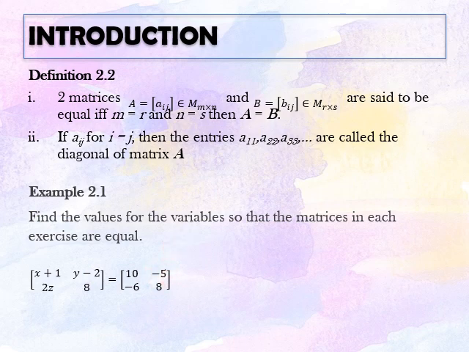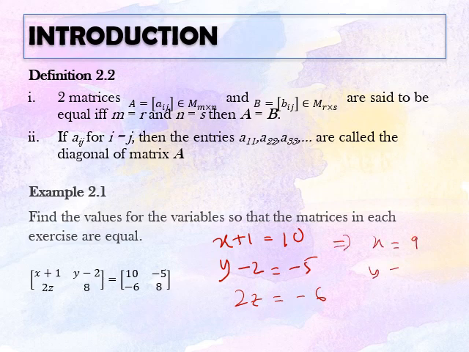Then only we can say that they are equal. We can solve it: x equals 9, y equals negative 3, and z equals negative 3. So that's how you solve it.